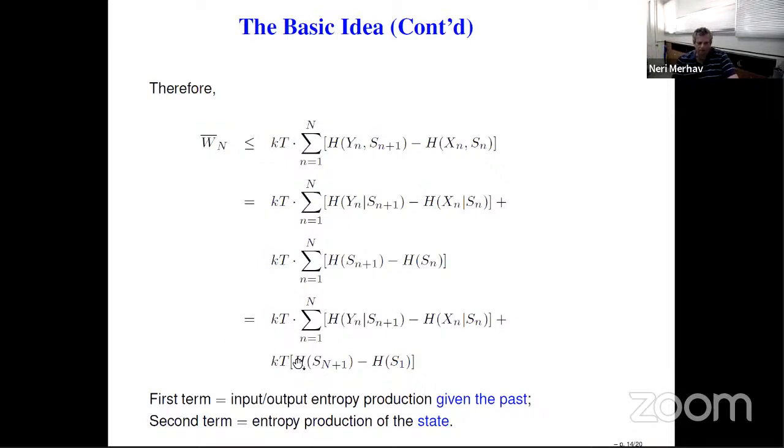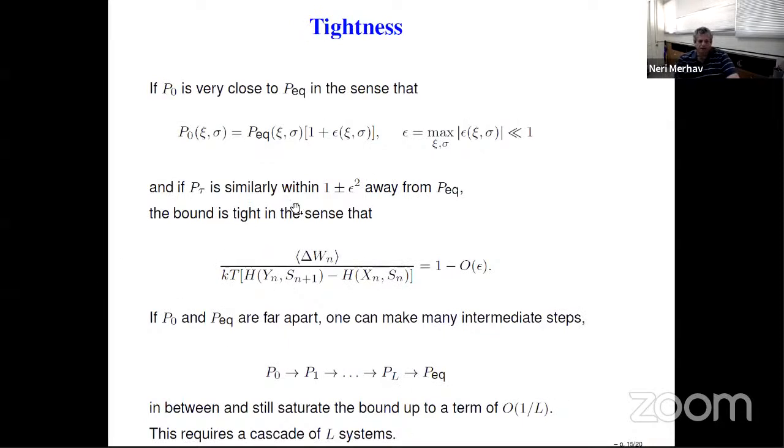So we have this relationship. There are a few comments about it. First of all, it is tight in the sense that I can construct a system which meets the bound arbitrarily closely, in the spirit of the idea of a quasi-static process.